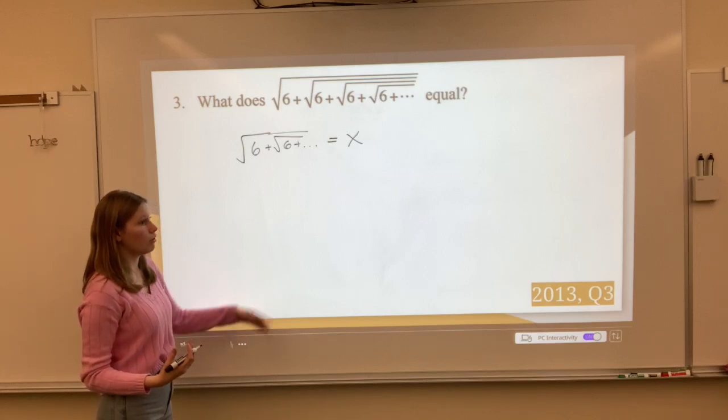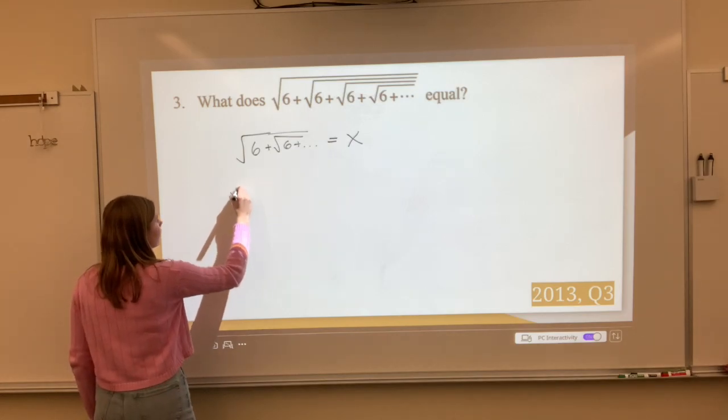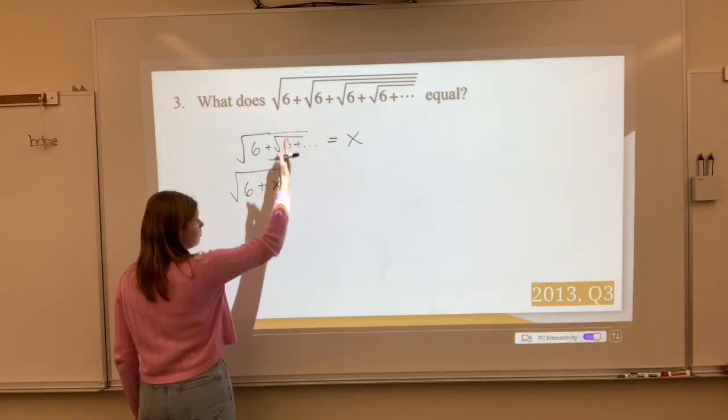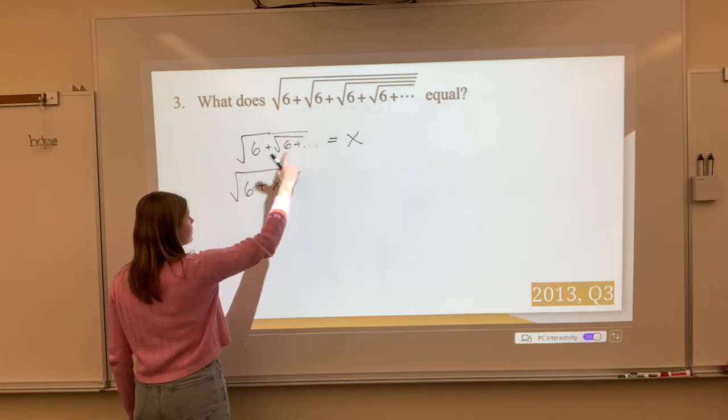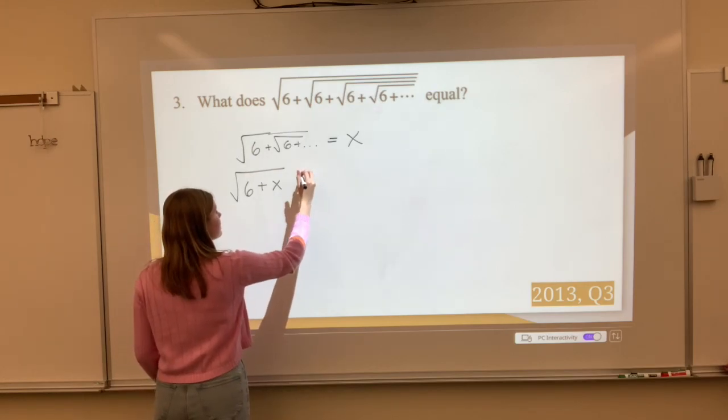Okay, so knowing that, I can also say the square root of 6 plus x, this is the same thing over and over, if this is x, that still is the same expression, is equal to x.